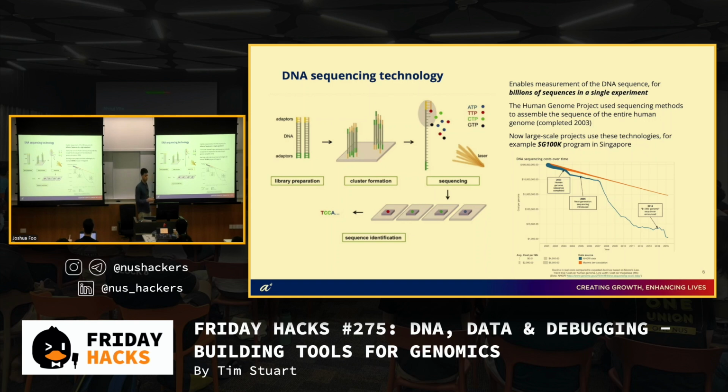The way this works is we have our DNA sequences, and we can attach these to a glass slide and do some chemical reactions so that we have many copies of exactly the same molecule being produced in one cluster here. They're all grouped together, and they're identical DNA sequences, so sort of like a clone of DNA sequences.